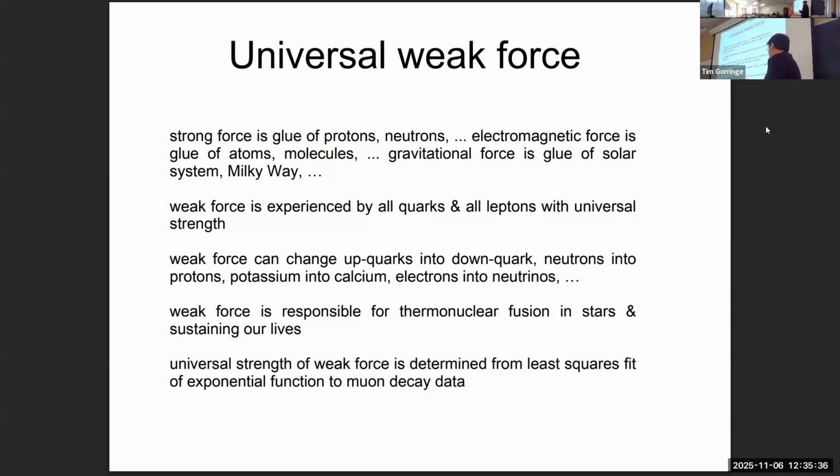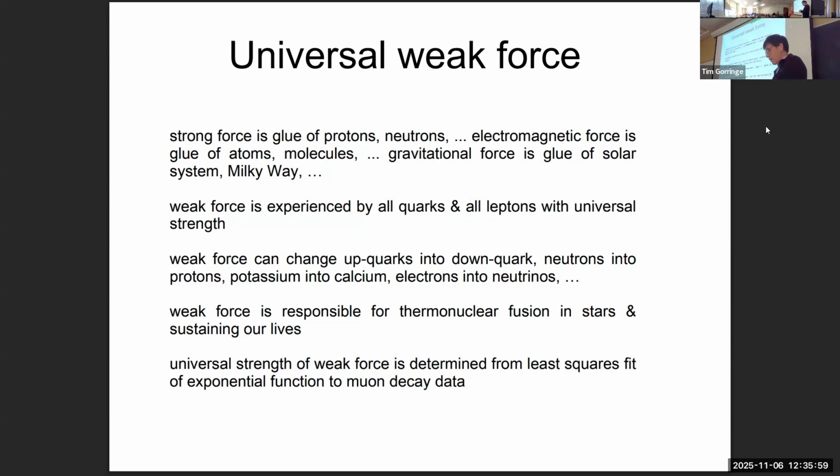So one of them is to do with the weak force of nature, which is a universal force of nature. And the second one is due to the magnetism of particles. All fundamental particles are magnetic. And that also addresses fundamental questions in particle physics.